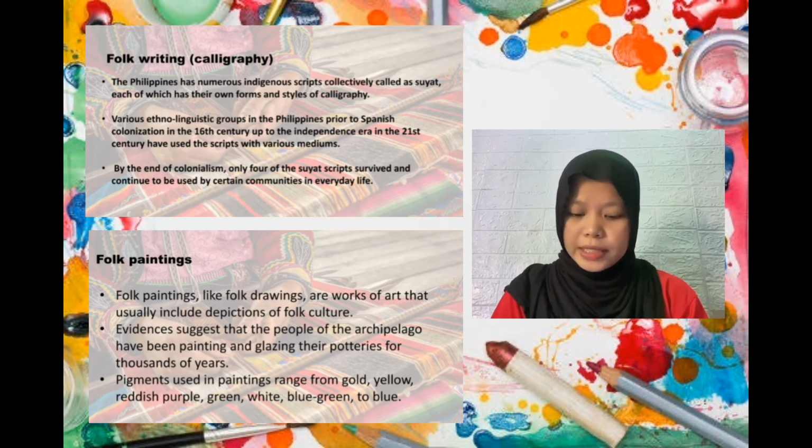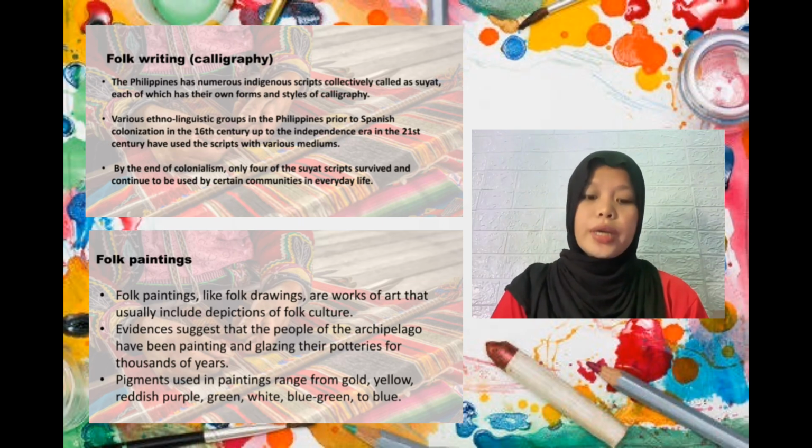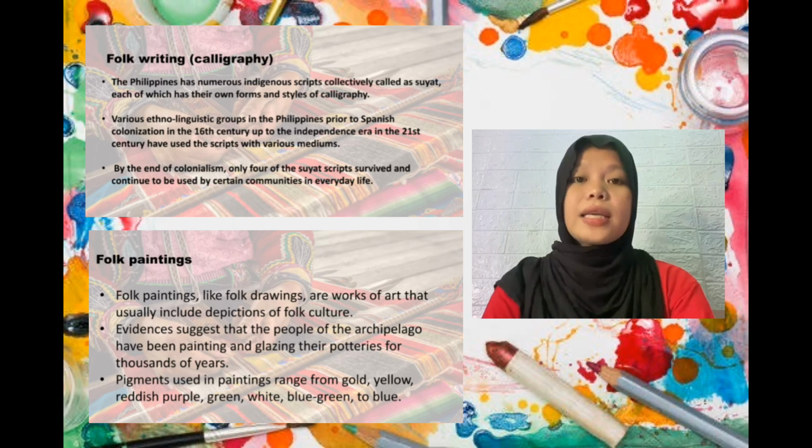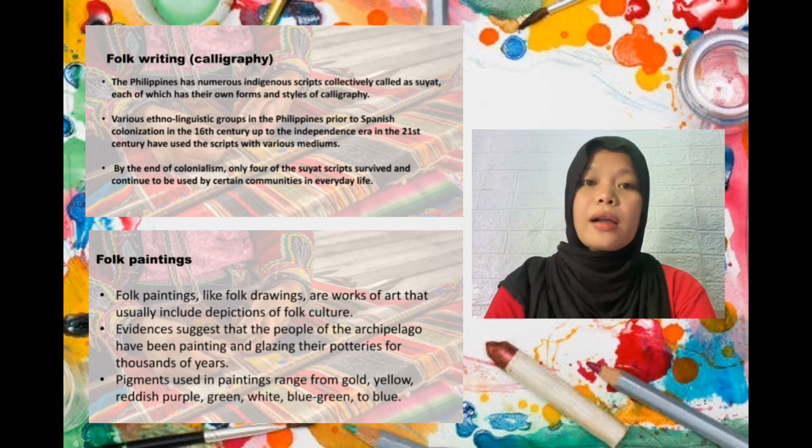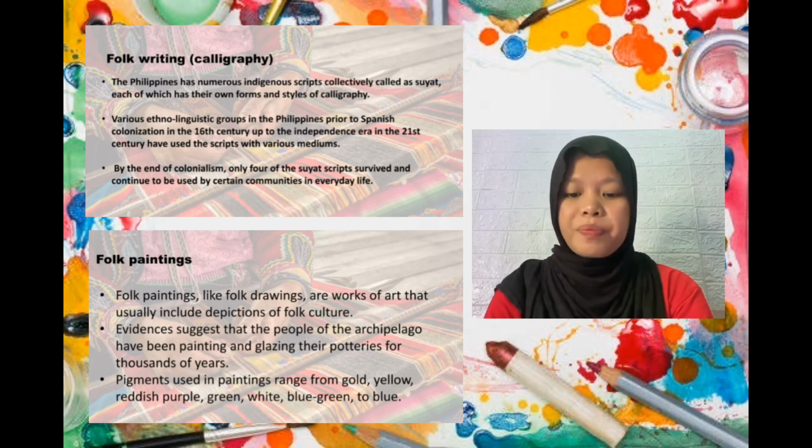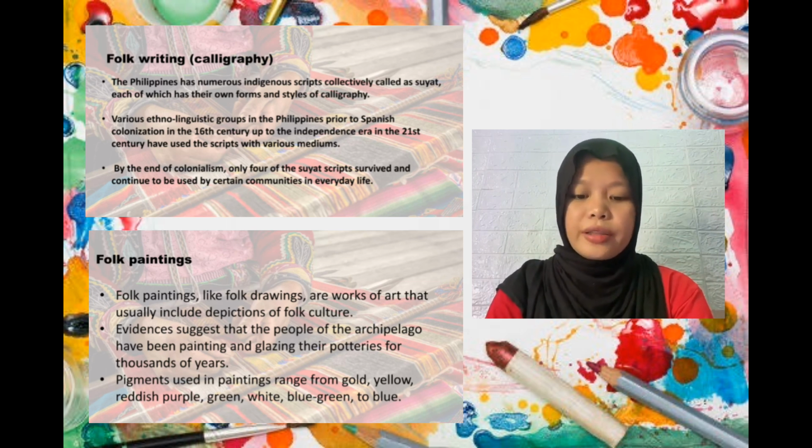Today I will be discussing folk writing or calligraphy in the Philippines. First, the Philippines has many indigenous writing systems called suyat. Each suyat has its own unique style and form of calligraphy. Before the Spanish arrived in the 16th century, different ethno-linguistic groups in the Philippines were already using these scripts.